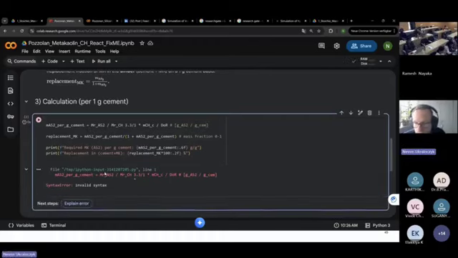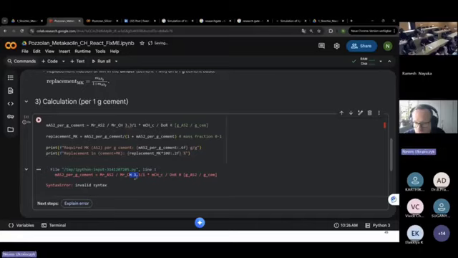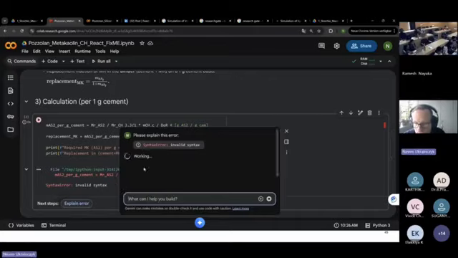We get some error. Let's check. We forgot the multiplication sign here. So let's see what the AI, how fast does it take? It's easier for me to correct it.